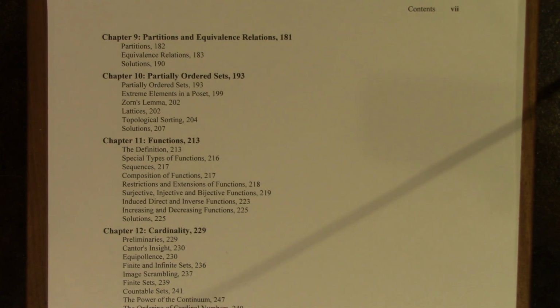There's a couple of topics like that. Partially ordered sets is another one, where if I met a junior level math major, I would not be at all confident that that person understood equivalence relations or partially ordered sets. I would have to ask, have you studied equivalence relations?